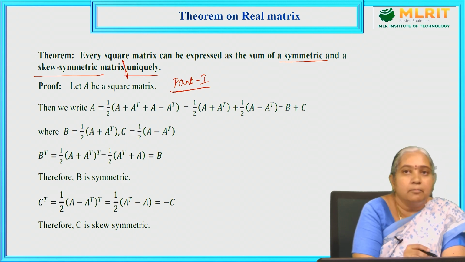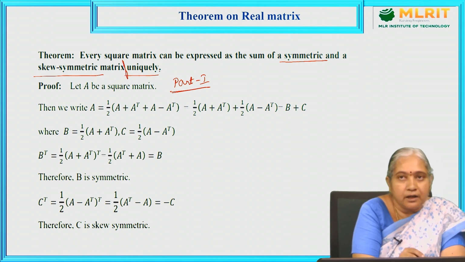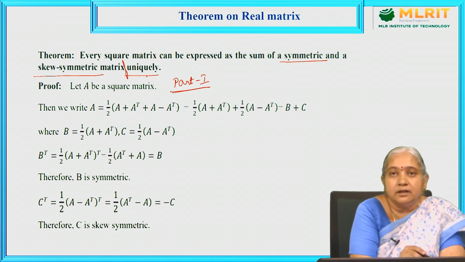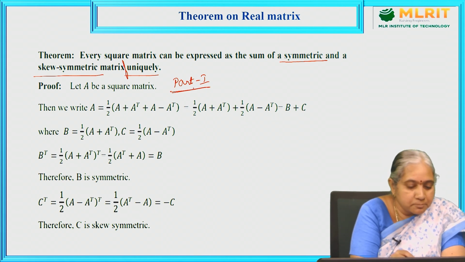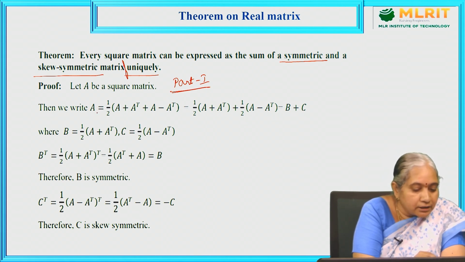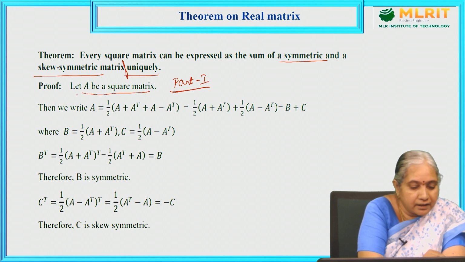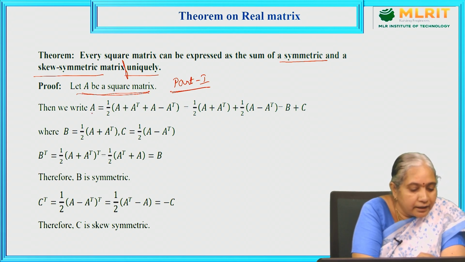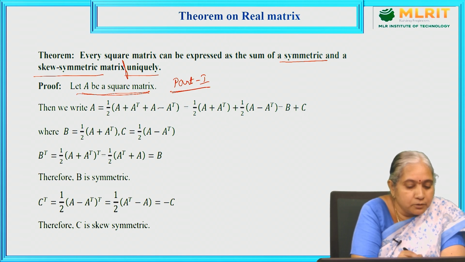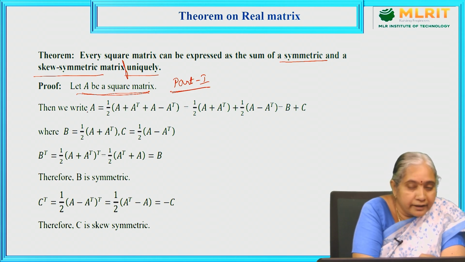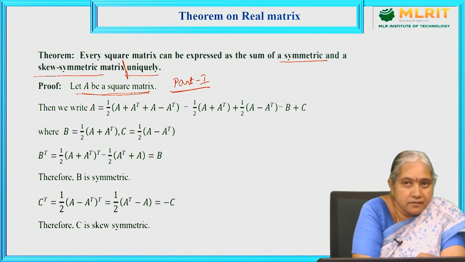This is part 1, and part 2 is that this representation is unique. So the first part is we write the matrix A, that is A is any square matrix, then A can be written as 1 by 2 into A plus A transpose plus A minus A transpose. So here we add and subtract A transpose. So again we will get the given matrix A itself.